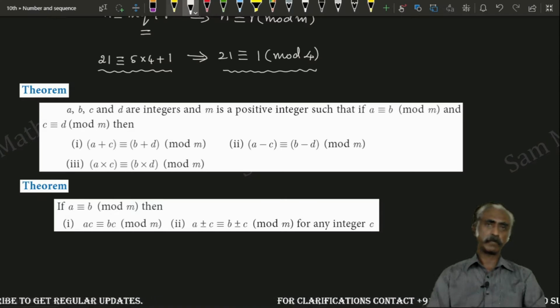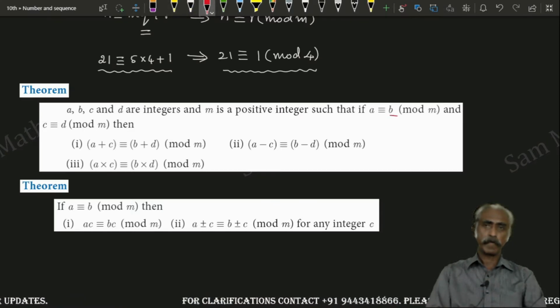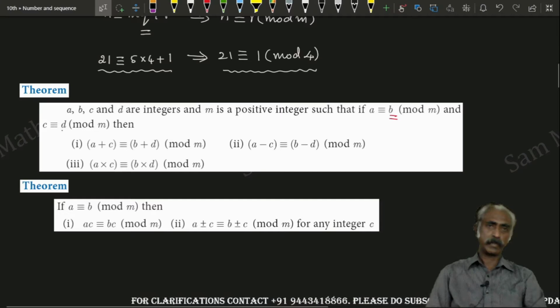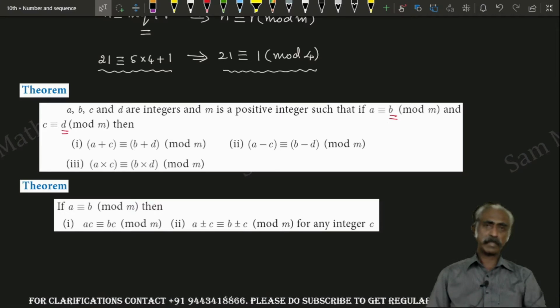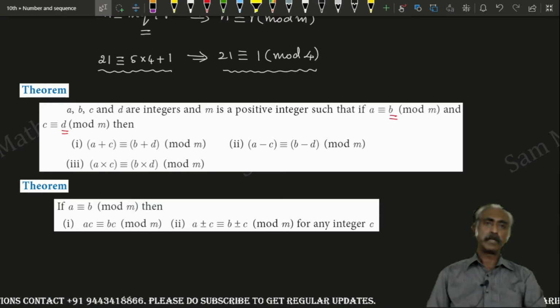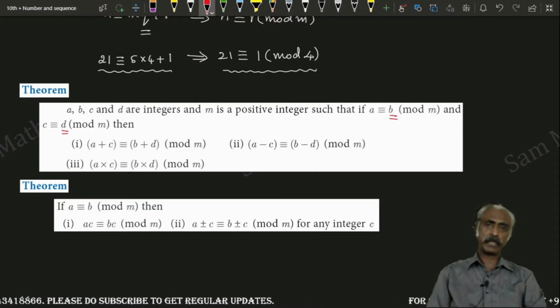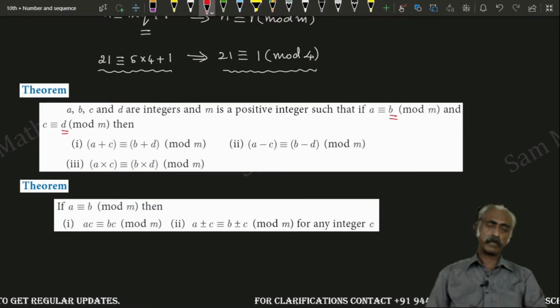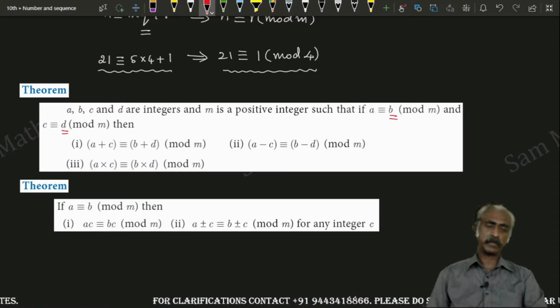They are taking from this result b and d. This only they are connecting with the following results. So a plus c is congruent to b plus d mod m. Second one, a minus c is congruent to b minus d mod m. Even in multiplication also we can do the same thing. a into c is congruent to b into d mod m.